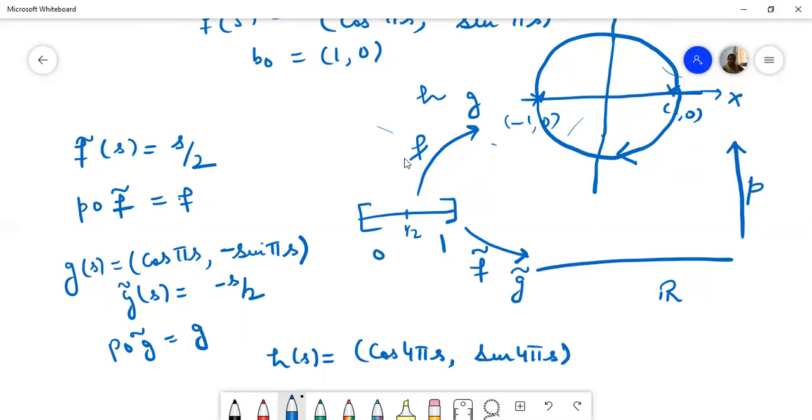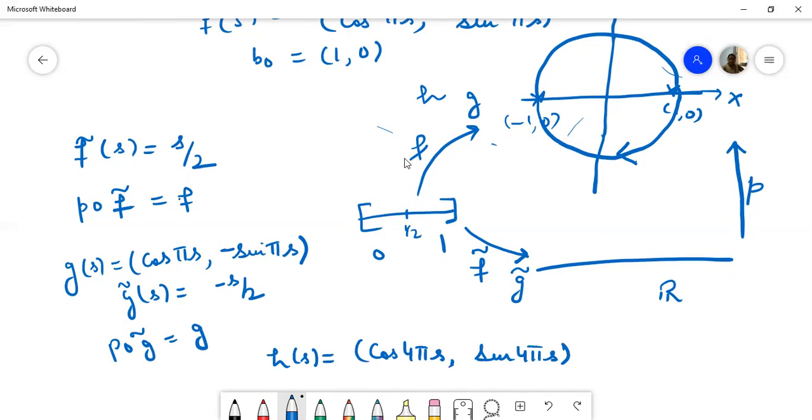If we put s equal to 1/2, it will give cos 2π, sin 2π, so we get this point. Similarly, when we put s equal to 1, then cos 4π, sin 4π is again this point. So this mapping H wraps the closed interval [0, 1] along this circle twice.